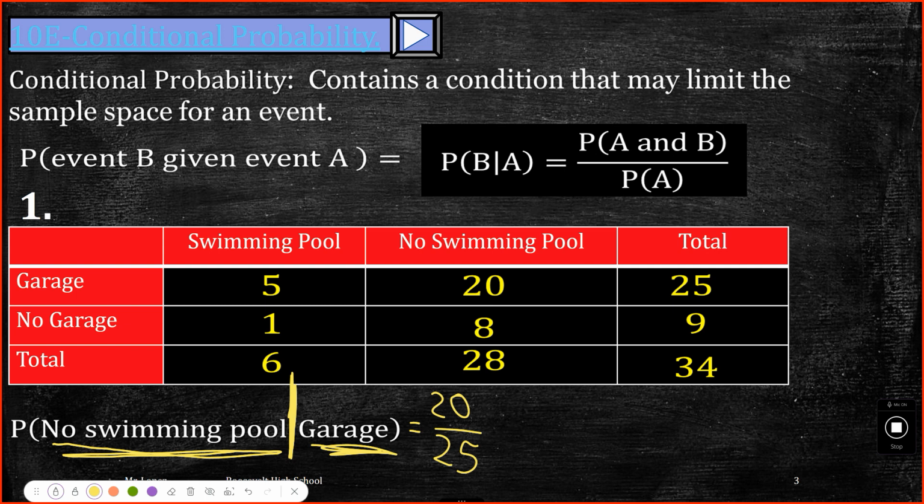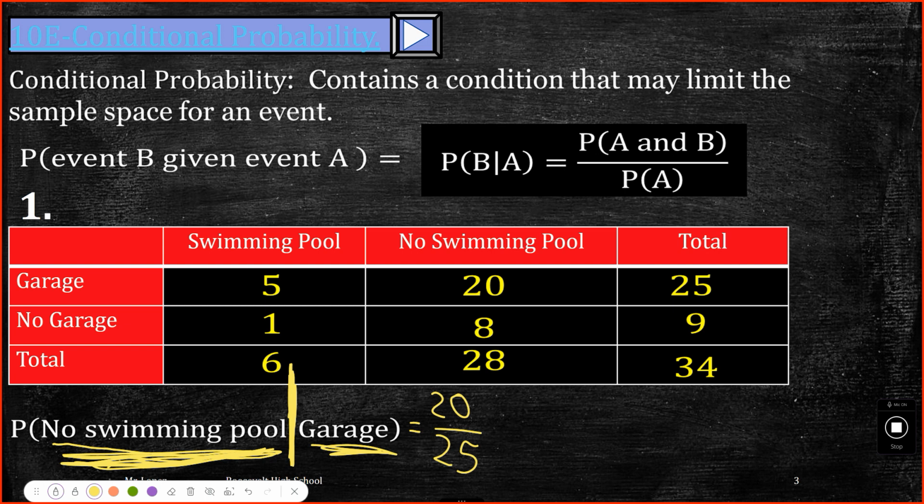You say: I want a house that has no swimming pool, because they take too much to take care of, too much money. But it better be out of all the houses that have a garage, because I have a car that I need to take care of. So out of all the houses that have a garage, it better be one that has no swimming pool.